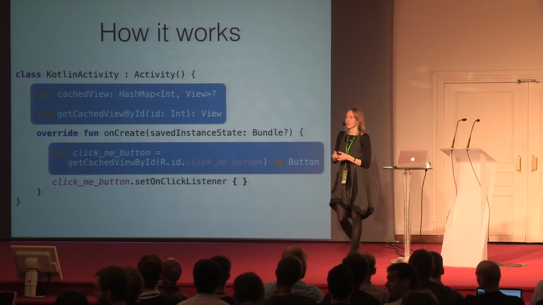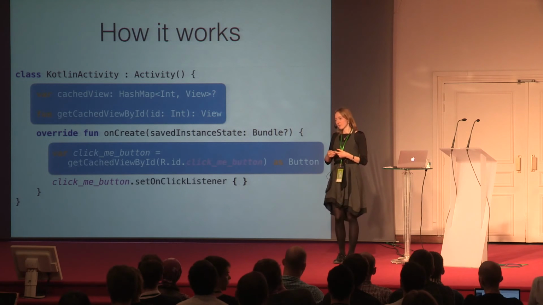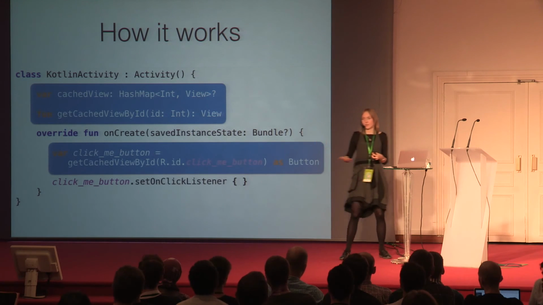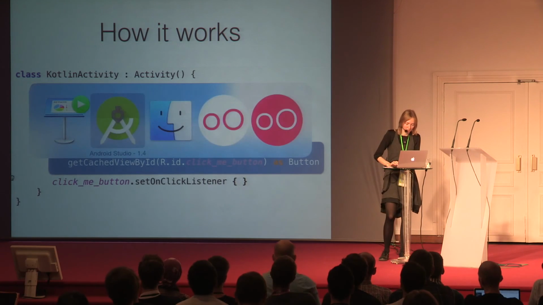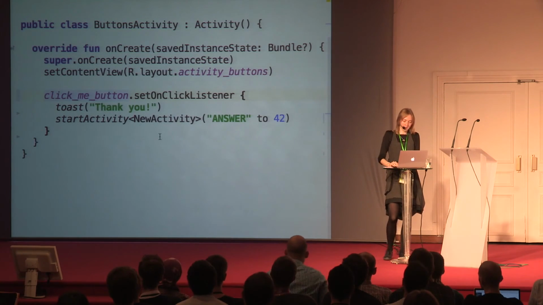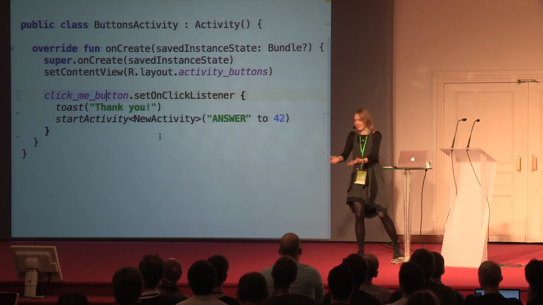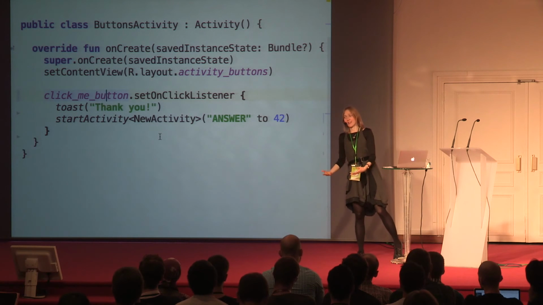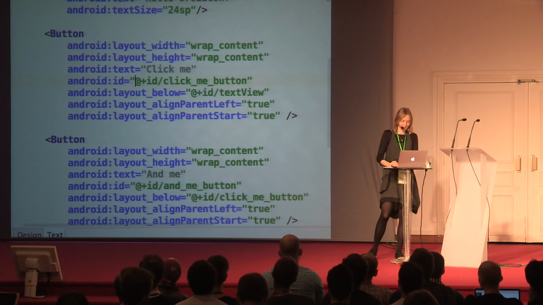So how does Kotlin know that my layout contains click me button and whatever else? It parses the XML and generates the code. I'll show you how it works. In Kotlin we have extension functions, as I've already shown you, but we also have extension properties.